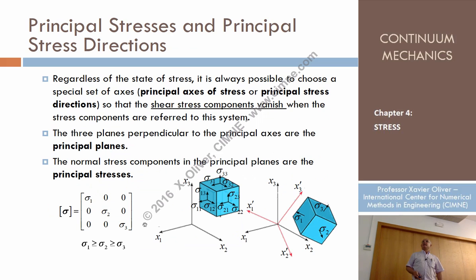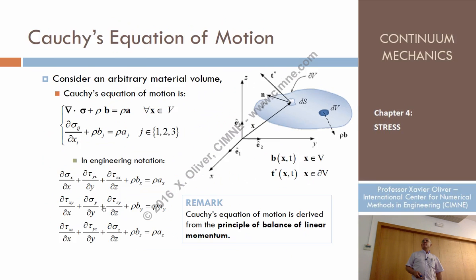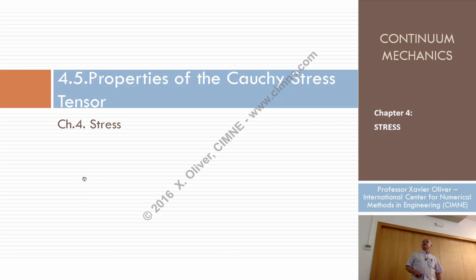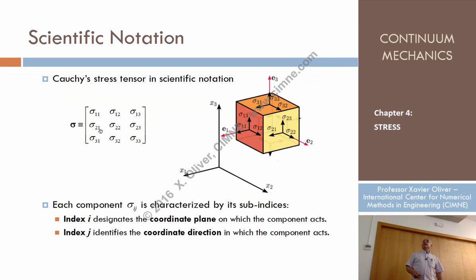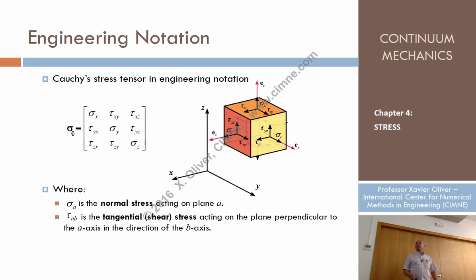That means that from now on, instead of plotting tau xy and tau yx, I will plot just tau xy, because it's symmetric. Instead of plotting tau zx, I will plot tau xz. And instead of plotting tau zy, I will plot tau yz. And also here, instead of plotting sigma 2,1, I will plot sigma 1,2, sigma 1,3, sigma 2,3.